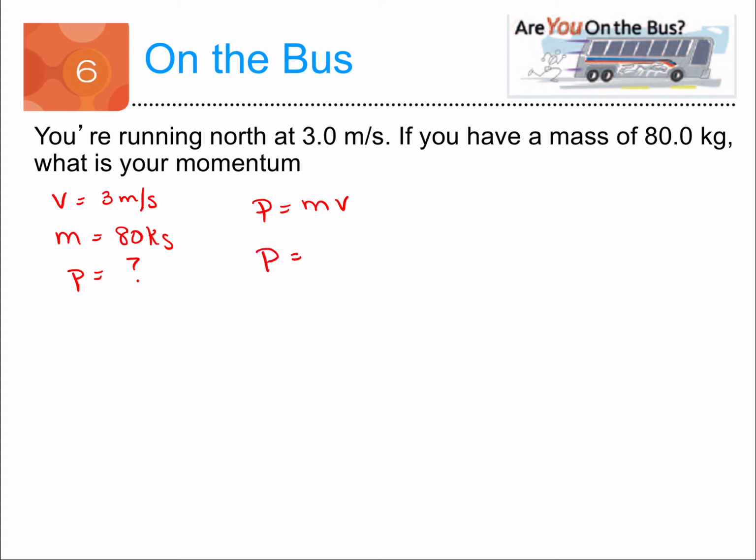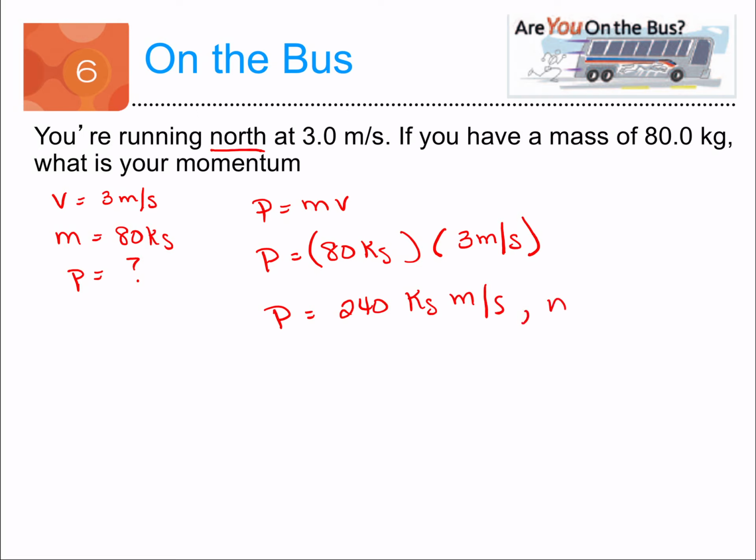So our mass is 80 kilograms, and our velocity is 3 meters per second. So our momentum is going to be 240 kilograms meters per second. And because we're running to the north, it would also be to the north because it's in the same direction.